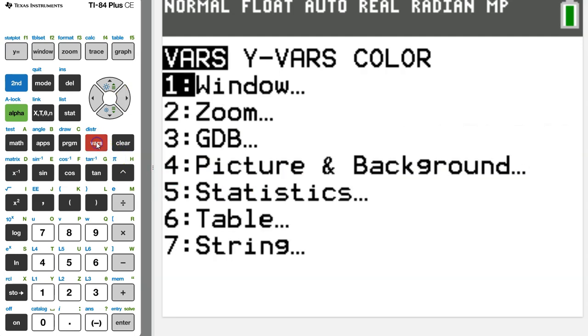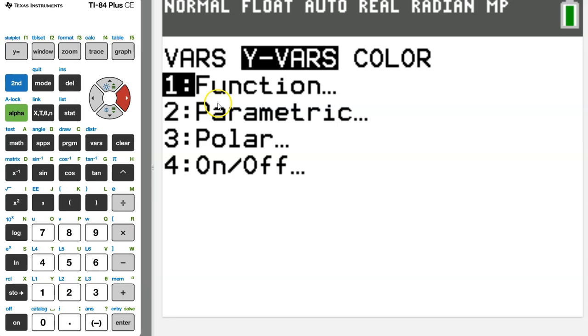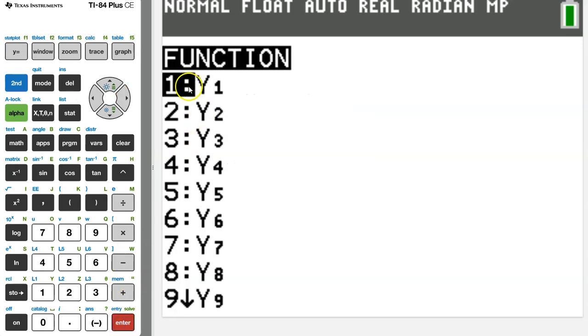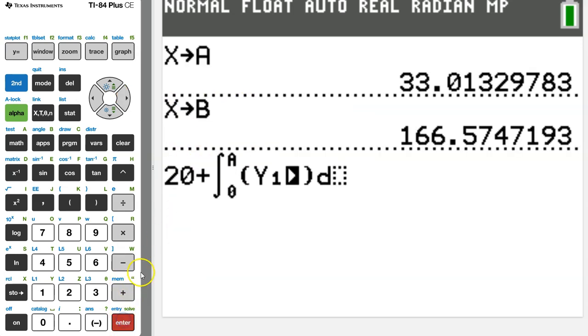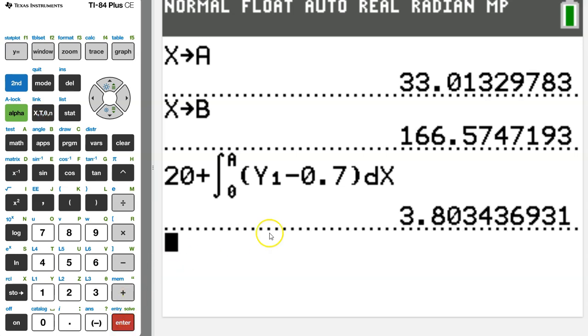We will type vars, yvars, enter, and just hit enter for y1. We could do minus y2, but it's even simpler just to type 0.7. And that's it. 3.803. We were asked to round to the nearest whole person, so we will just put 4.